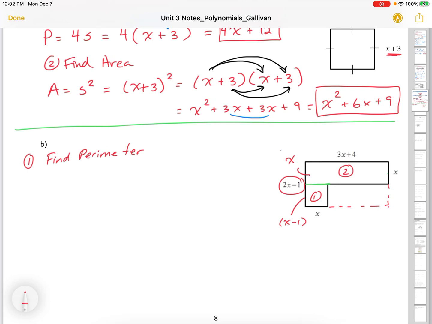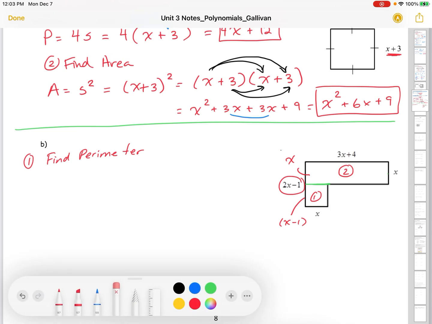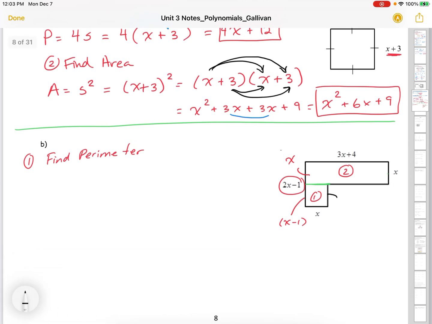So we can just use our rules for adding the sides up. However, we could also do it like so. This side here would be the x minus 1. This side here would be 3x plus 4 minus x, so it would be 2x plus 4.